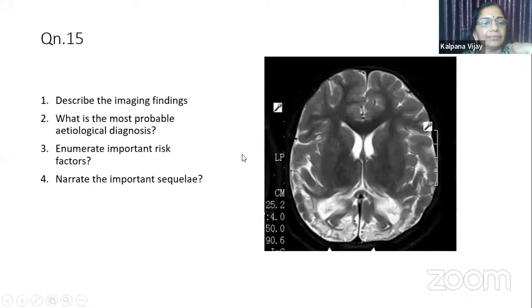Then describe the imaging finding and the probable diagnosis. Enumerate the risk factors and what are the important sequelae. Any idea?